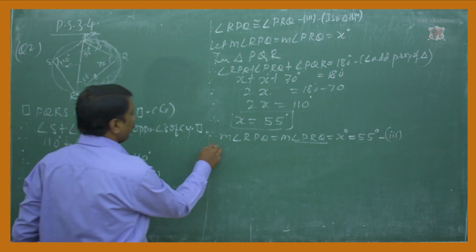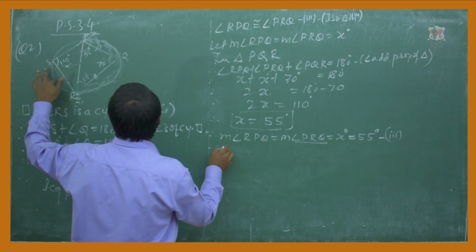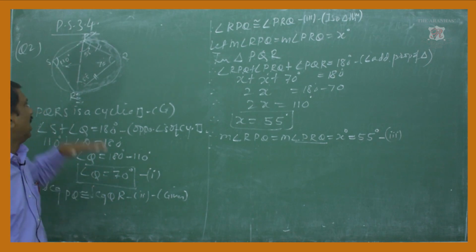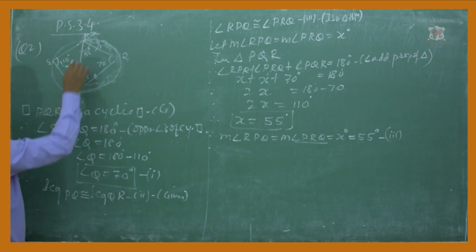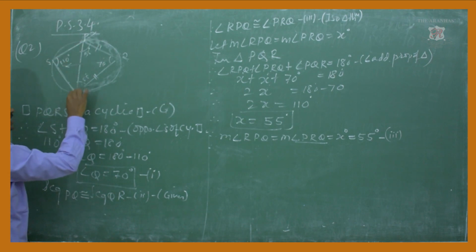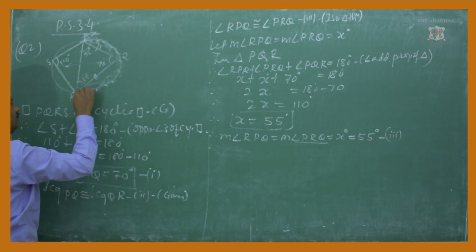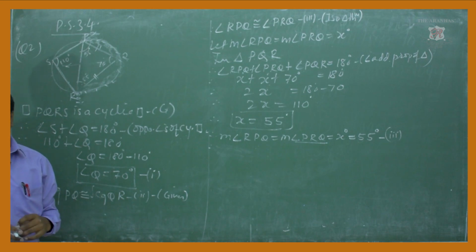So that's why here we will write the measure of the angle, or you can find it in another way. Here we realize angle PSR is an inscribed angle, and PQR is the intercepted arc.